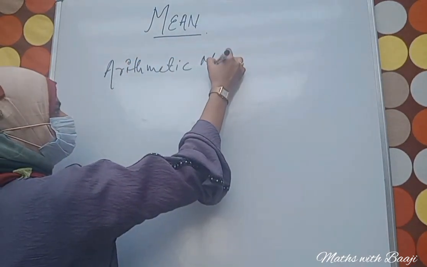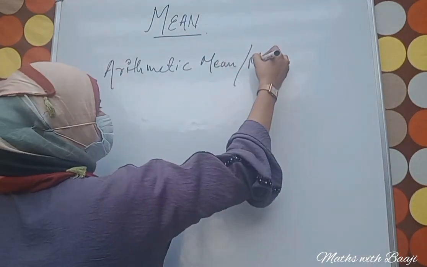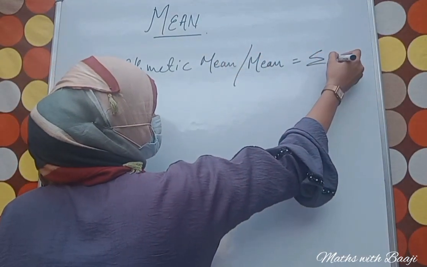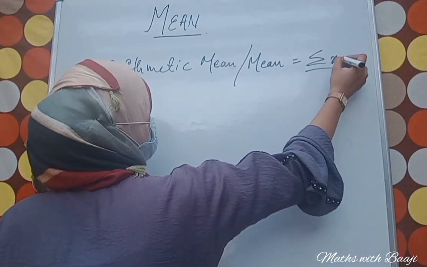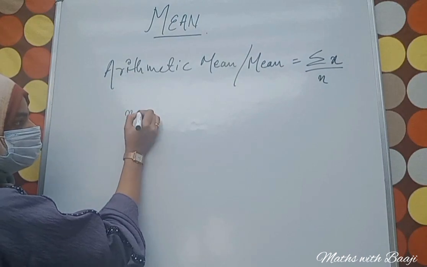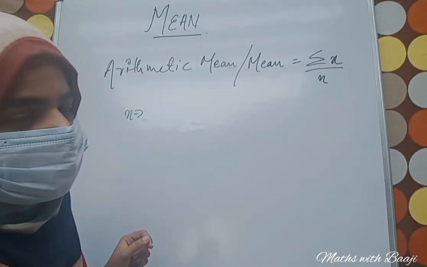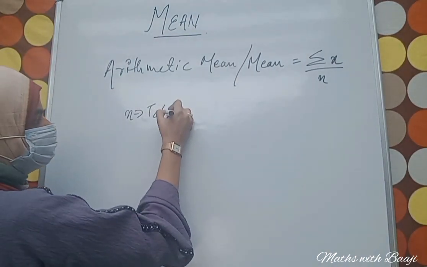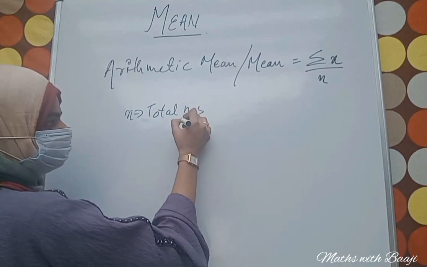Arithmetic mean, or we can just simply say mean, equals summation x upon n. Here n stands for how many numbers there are, the total numbers, or we can say the total quantity.